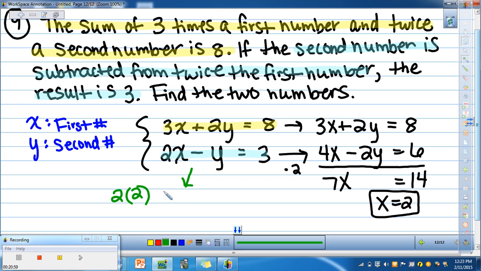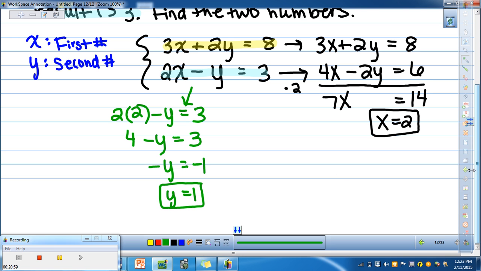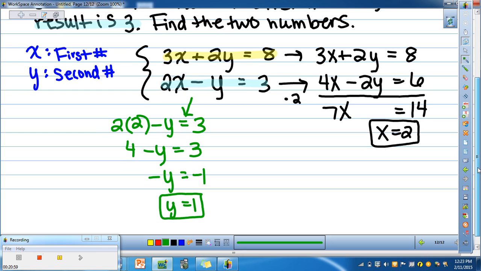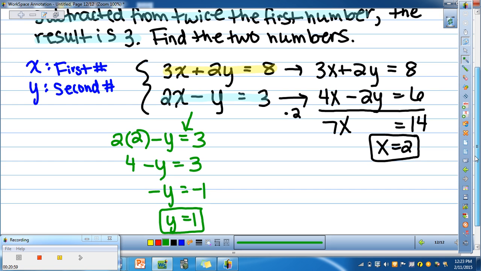So we have 2 times 2 minus y is equal to 3. Subtract 4 from both sides. And if negative y is negative 1, then positive y is positive 1. So our two numbers, first number and second number, are 2 and 1.